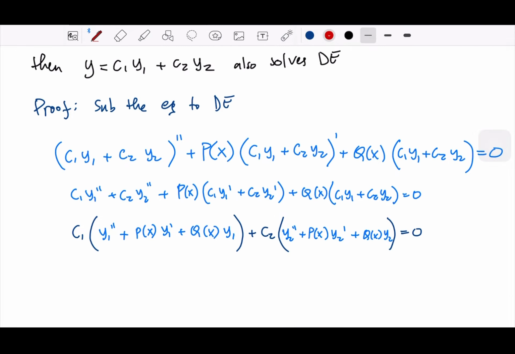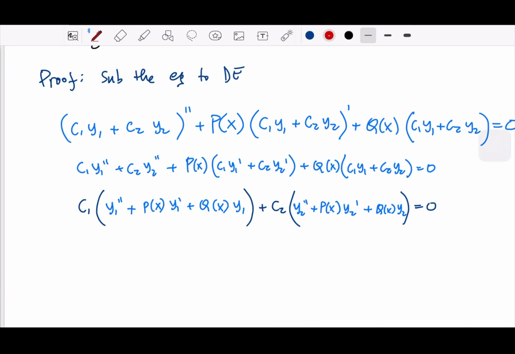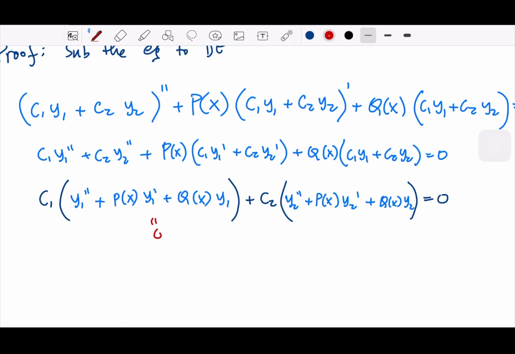We see that this is going to be 0 and this is also going to be 0 because y1 and y2 are the solutions. So this is proven that y equals c1 y1 plus c2 y2 also solves the differential equations.